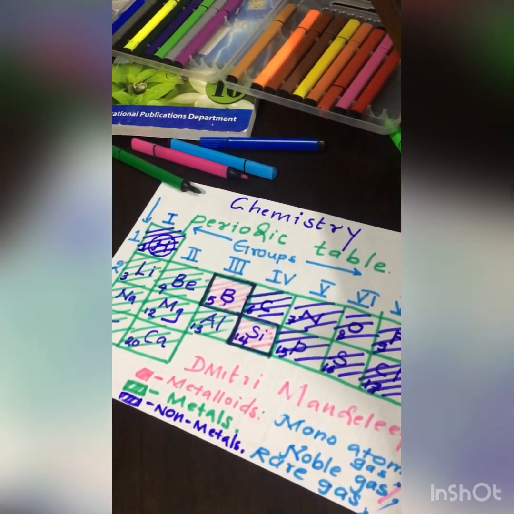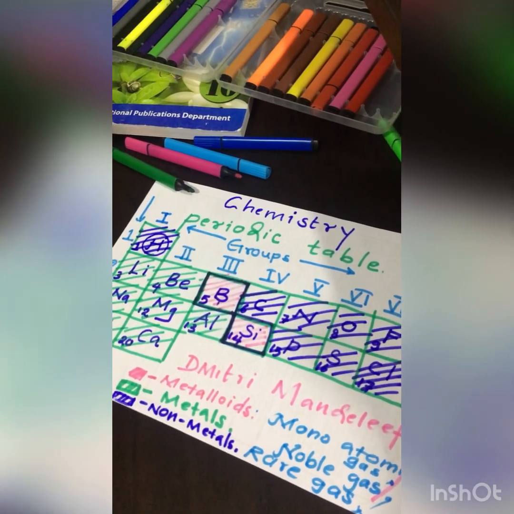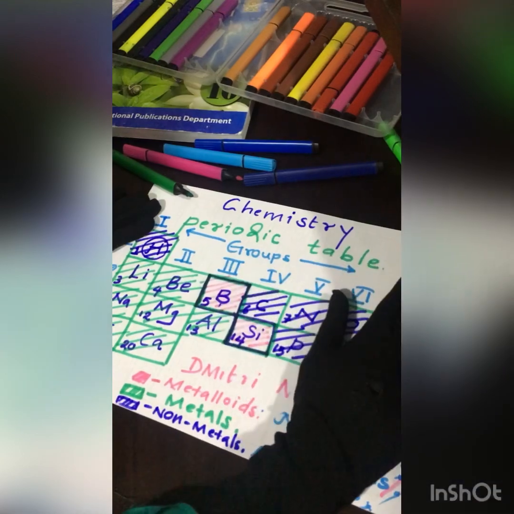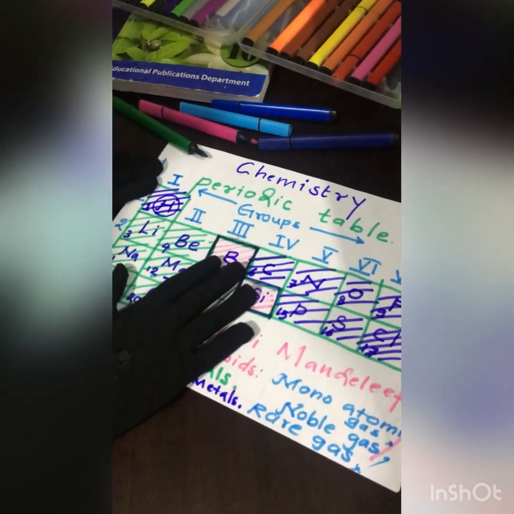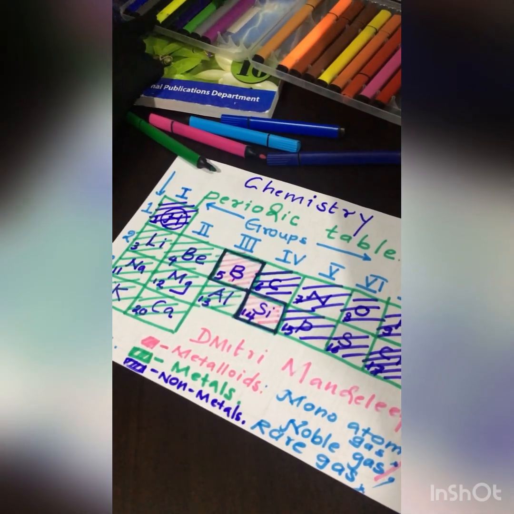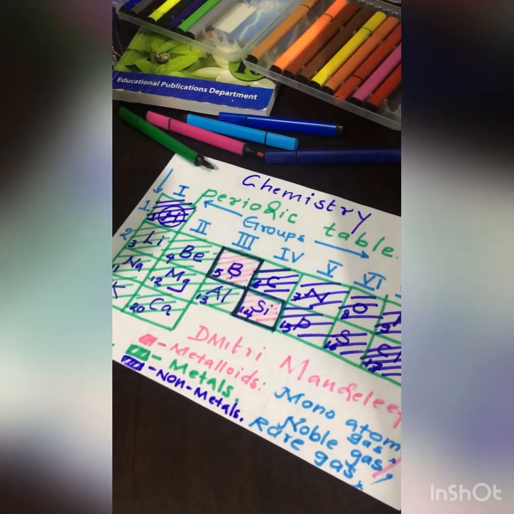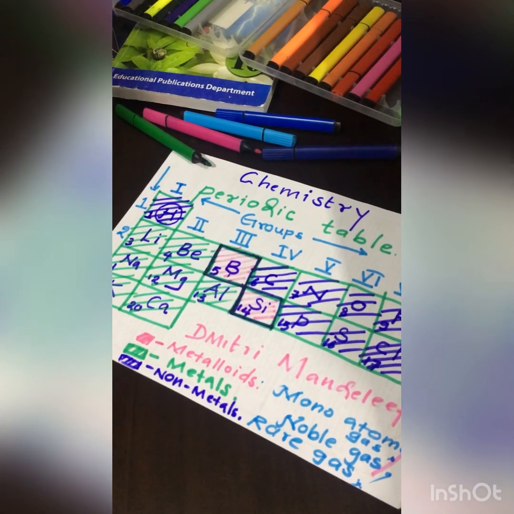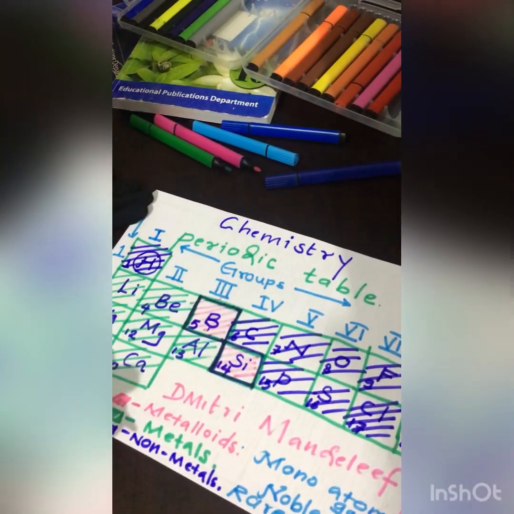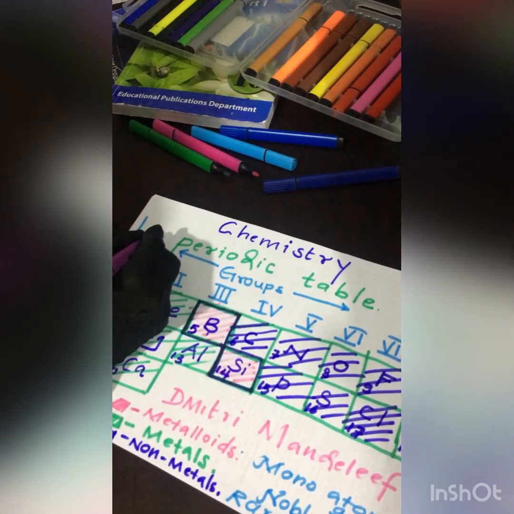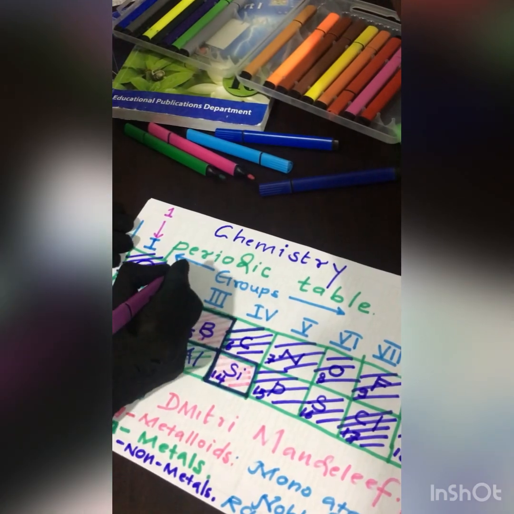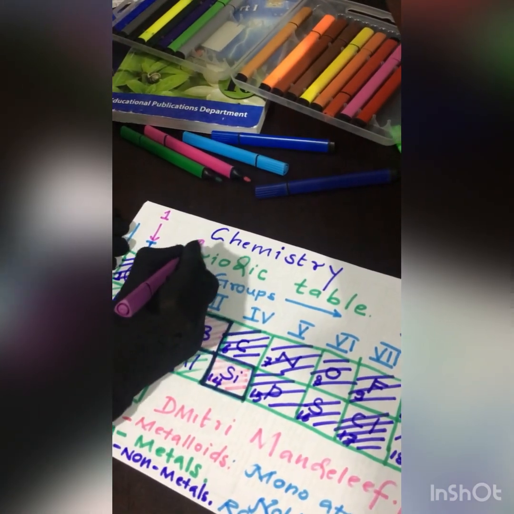Okay, now I would like to explain the valency that we consider in this periodic table. Now it is like this. I'll draw, starting with group 1. Group 1 elements have valency 1. Group 2 elements have valency 2.